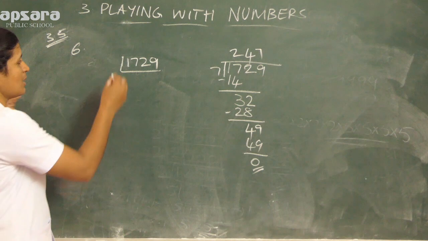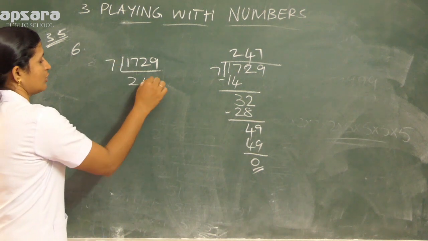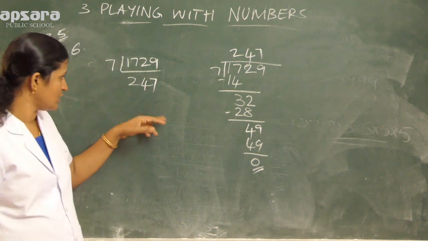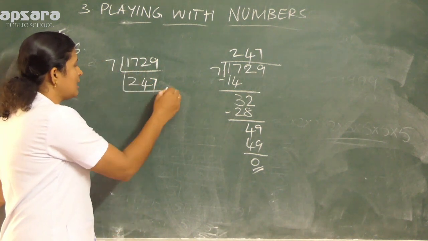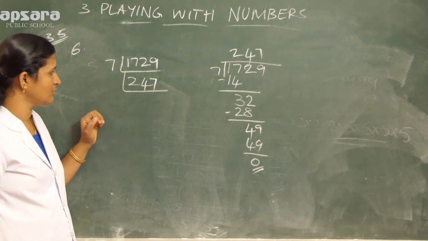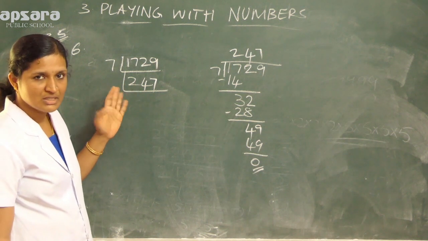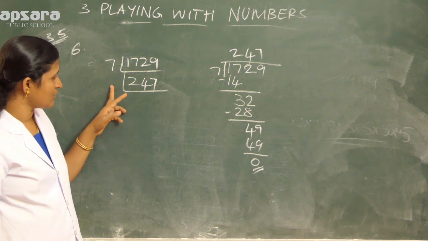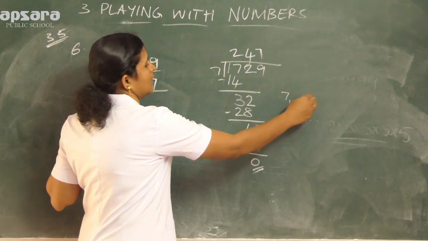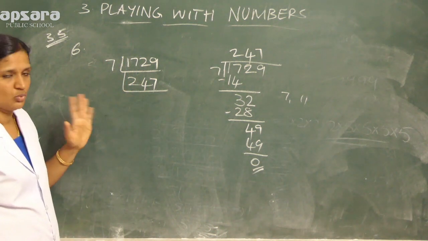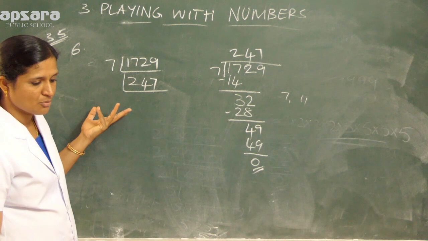Yes, it's divisible, and we get 247. 247 is not a prime number, right? Again, can you divide this number by 7? No, 7 3s are 21. 37 is not divisible by 7. Next, after 7, which is the next prime number? 11. Can you divide by 11? No. 11 2s are 22. No, it's not possible.